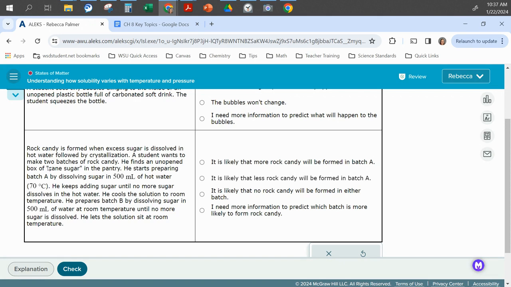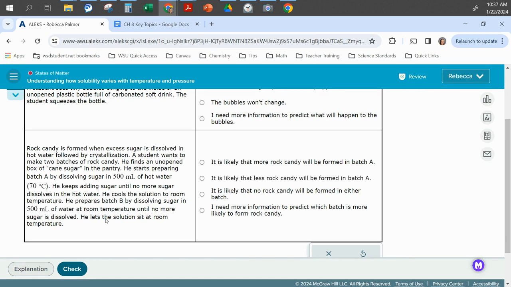He finds an unopened box of cane sugar in the pantry. He starts batch A by dissolving sugar in 500 milliliters of hot water. He keeps adding sugar until no more sugar dissolves in the hot water. He cools the solution to room temperature. He prepares batch B by dissolving sugar in 500 milliliters of water at room temperature.